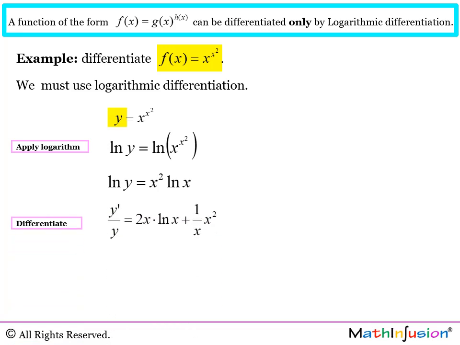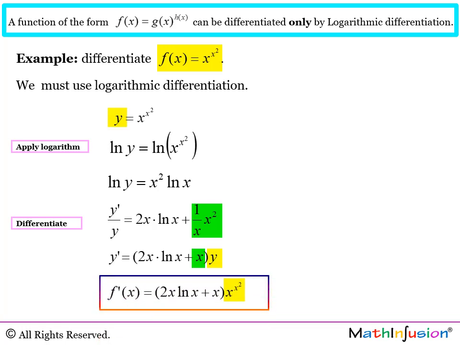So on one hand, we get y prime over y, and on the other side, it's just a simple product rule. We can simplify that, and also we can multiply both sides by y to get that. Now we're going to get rid of the y by replacing that by x to the power of x to the power of 2. And here is the derivative of this function.